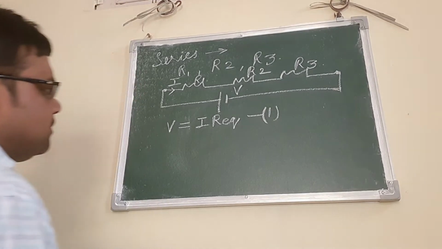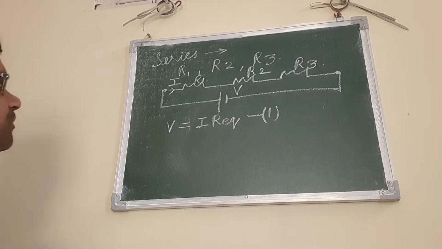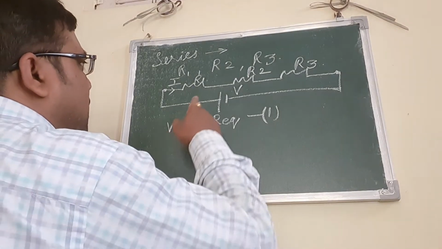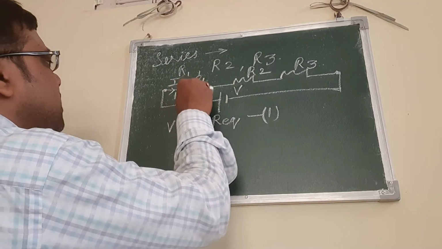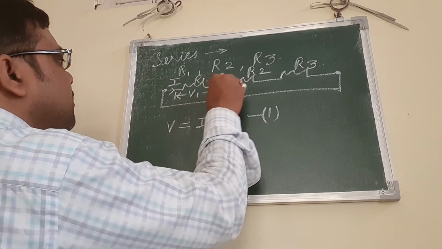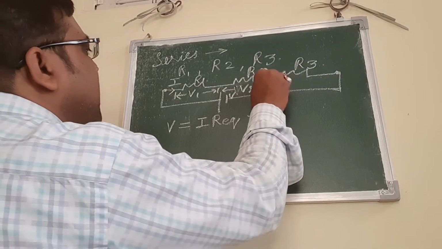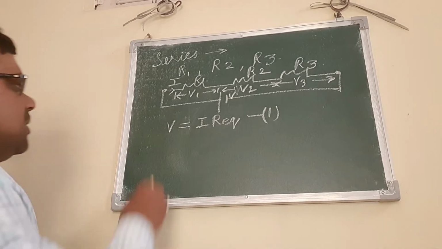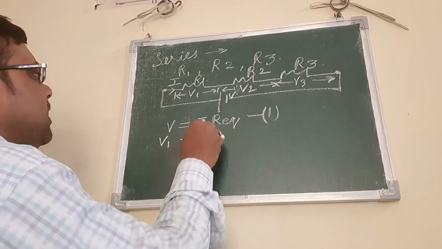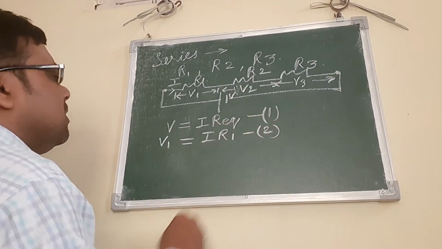Next, the voltages. We can suppose the voltage across R1 is V1, across R2 is V2, and across R3 it is V3. So V1 will be I times R1, this is our second equation.